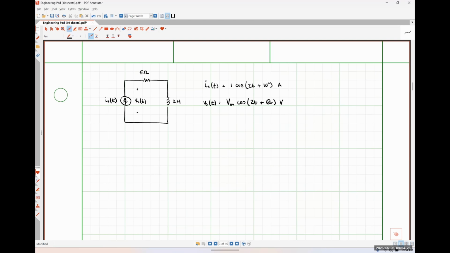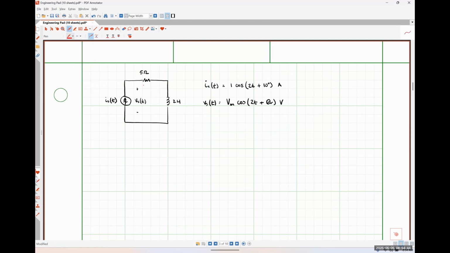So in order for us to analyze this circuit in the time domain, I am going to use Kirchhoff's voltage law. And I'm just going to say that the voltage drop across my current source is going to be the sum of the voltage drop across my resistor plus the voltage drop across my inductor. Okay.